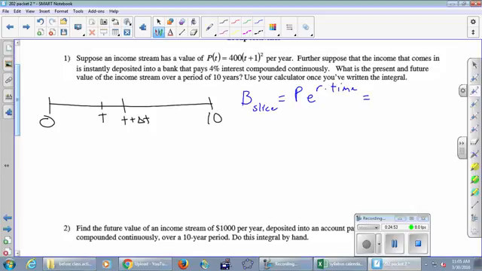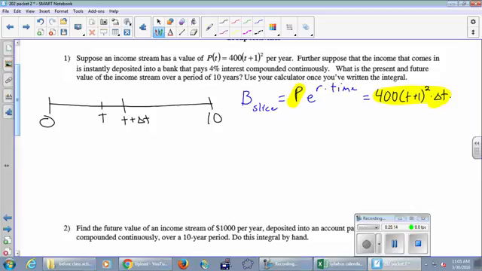So it's just our income stream up there, 400 (t plus 1) squared delta t. Highlight all of that. That is P. Times, continuing with our PERT formula, e to the what? 0.04, that's our interest rate.